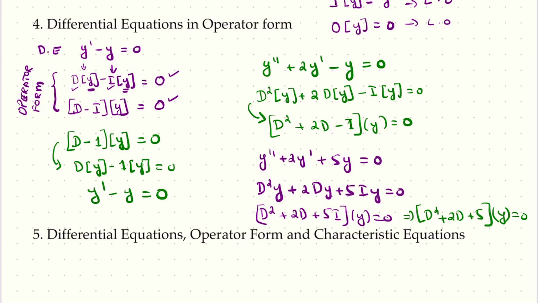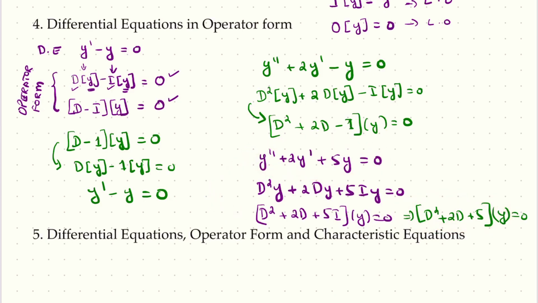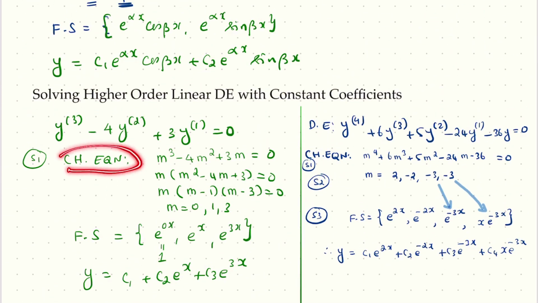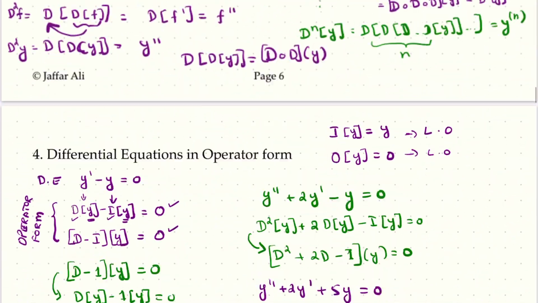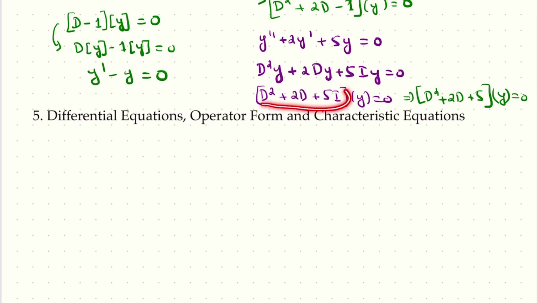All right. So now from a differential equation, we know how to convert it into an operator form. If you really take a look, the characteristic equation that we talked about earlier, in the previous section, comes, in some sense, off of your operator form.